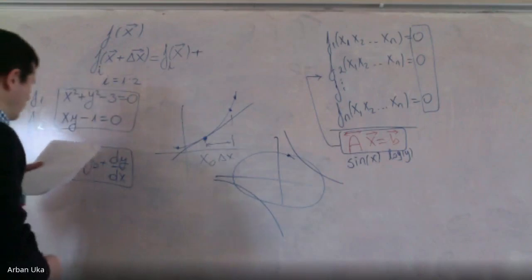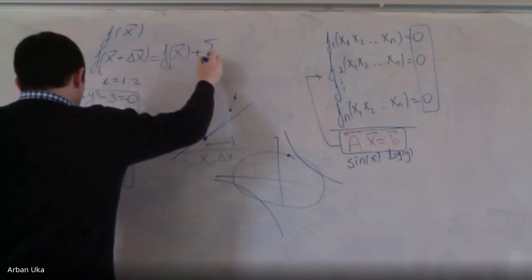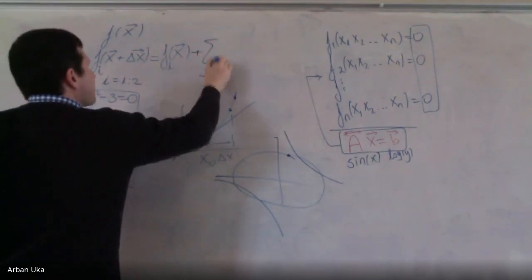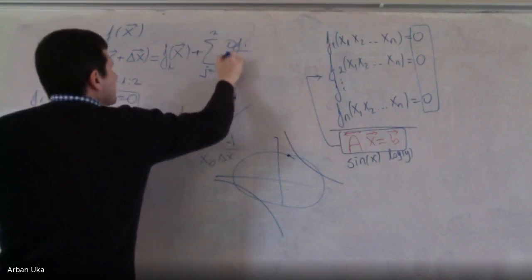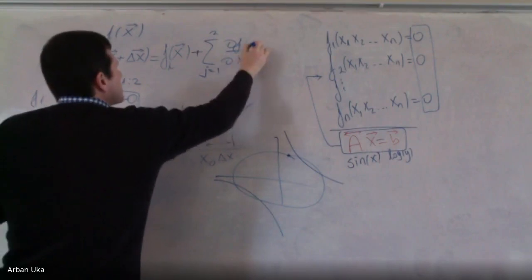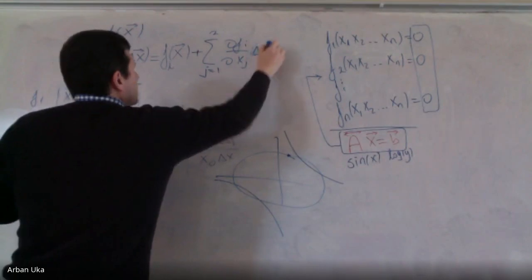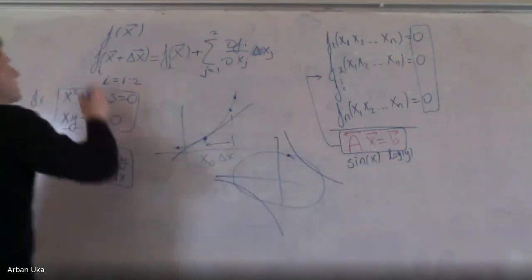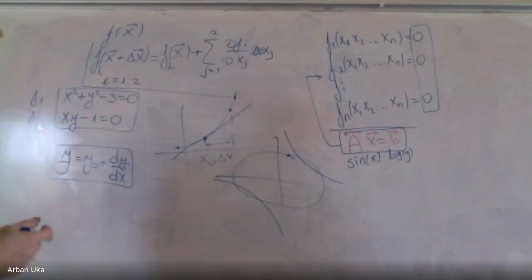Now this is what we are going to do if we have a vector notation. Okay, so this is the first order approximation of the Taylor series expansion of a function.